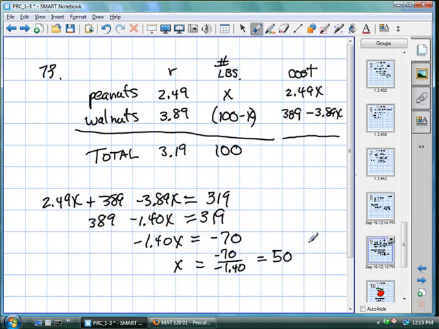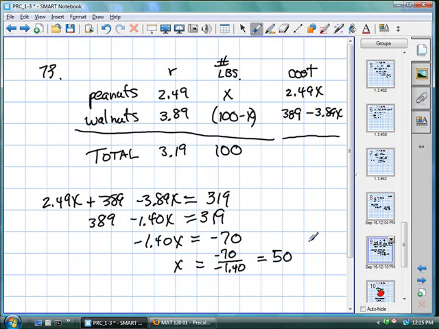Thank you. Now, we're not quite done. We just found out how many pounds of peanuts? 50. Well, how many pounds of walnuts? 100 minus 50. So in this case, it's 50 of each.